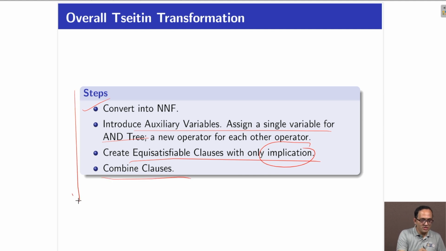These are the actual steps in the Tseitin transformation, which take care of all 3 optimizations. Here I am using only implication, that is optimization 1; NNF is optimization 3; auxiliary variables only for entries is optimization 2; and creating equisatisfiable clauses is the normal transformation, and then you combine these clauses. So, these are the actual steps of the Tseitin transformation.